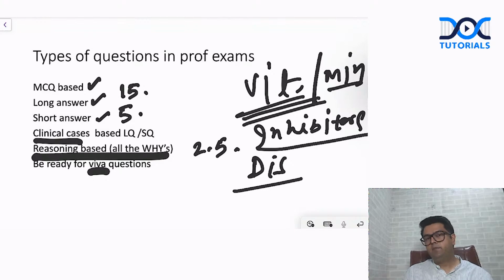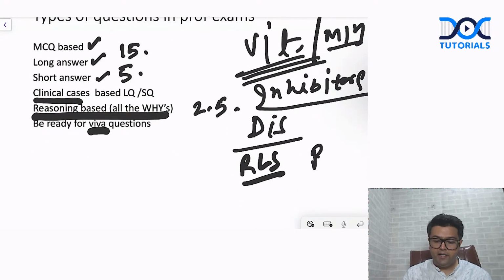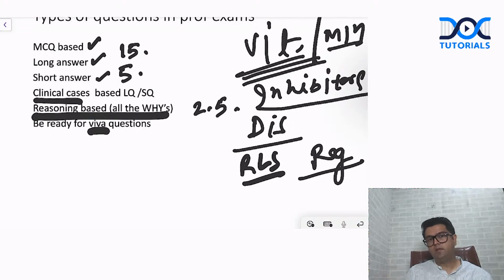And guys, because you're reading biochemistry, the rate limiting steps and their regulation should also be a very strong hold. You should have a very strong hold on these topics. Rate limiting steps and regulation, diseases, enzyme deficiency, and if you know a particular symptom, well and good, right? And if you don't know, doesn't matter, right?